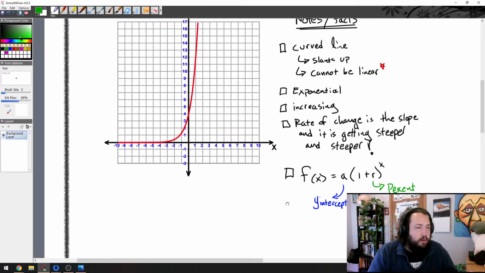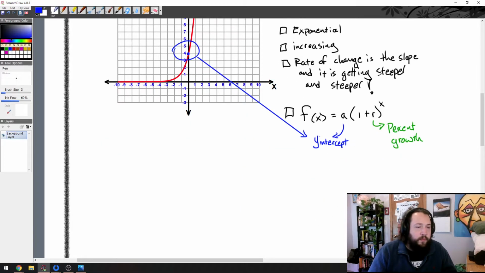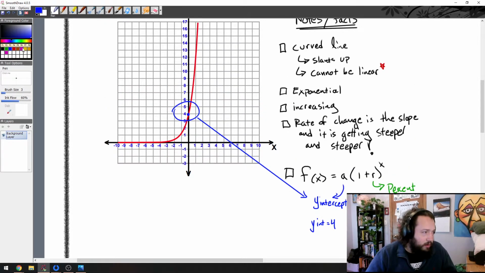Okay. So from this graph, I can find a couple things. I can actually find that my y-intercept is this spot right here. So my y-intercept is the number 4. So I could say y-int equals 4. And if I go from here, let's just pick some random points.